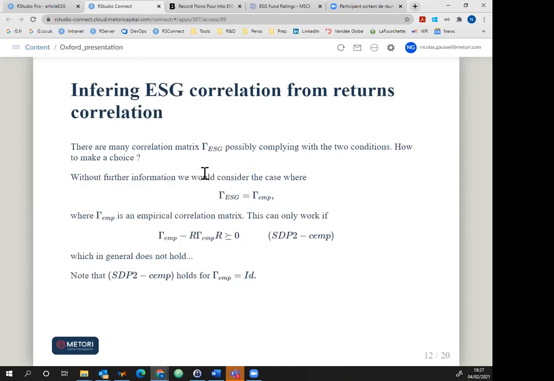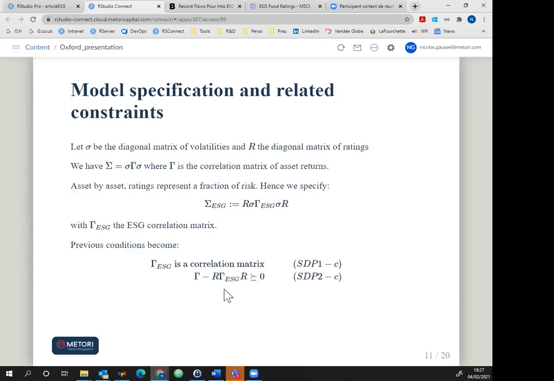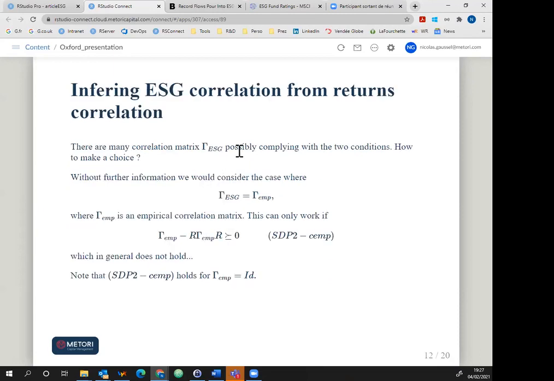Now, there are many correlations. We start with the view that the correlation matrix of returns, gamma, we don't know it, but we observe it with satisfactory precision. We are looking for some gamma ESG, the correlation across ESG factors. There are many gamma ESG that could do the job, but the problem is that we don't have any clue about what we should take.